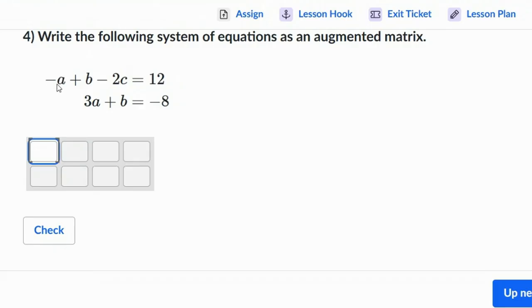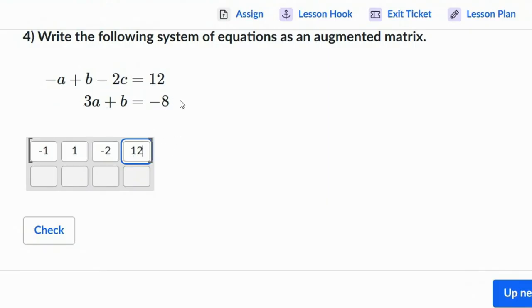It has a negative out there, so it must be -1. What about the coefficient of the B? Plus B. How many B's do we have? Well, 1, and it's positive. We had 1A, but it was a negative one. How about C's? We have a -2C. Negative, so there are -2 C's. We just take the number and whether it's positive or negative right here. And 12 is a positive number.